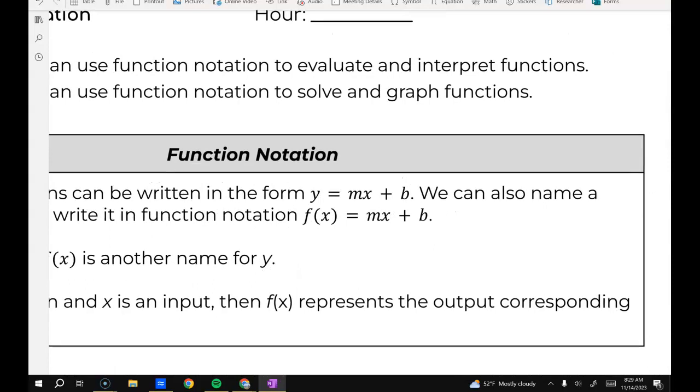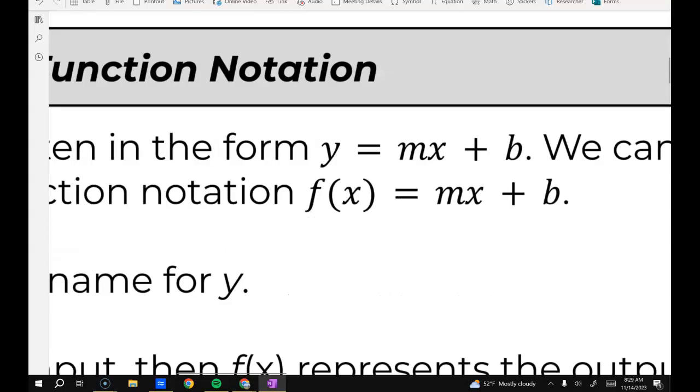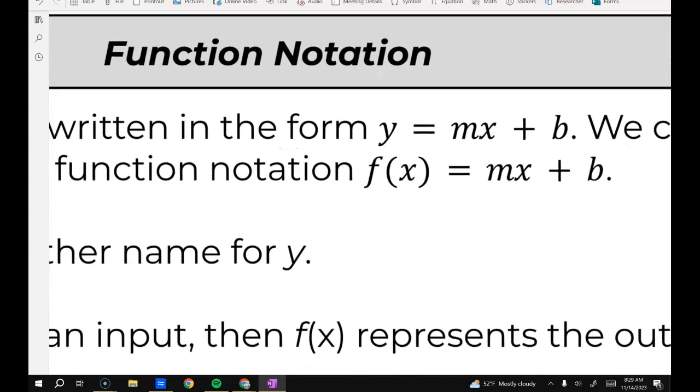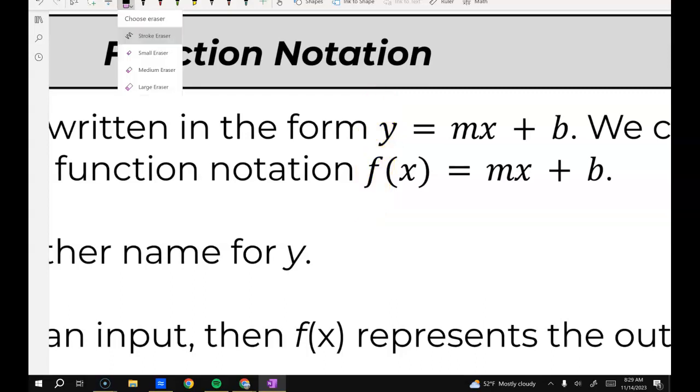But we can also name a function with this function notation where we replace this y with f parentheses x. It's right there. That's what the function notation is. We call that f of x, and that's just the notation that we use to represent a function.